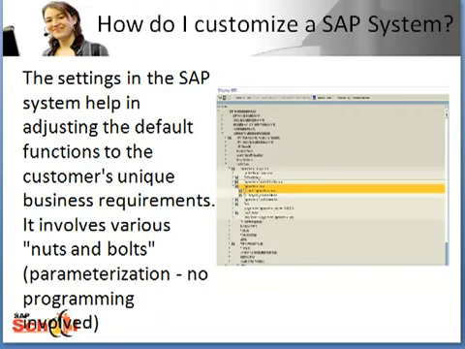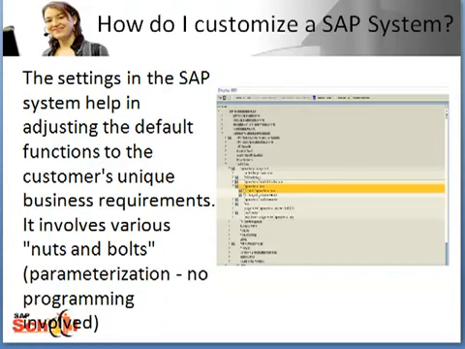There is no coding involved. You do not have to write anything in ABAP 4 or Java or any other programming language, but you need to understand the business process and make the parameterization appropriate for that. So that kind of gives you a high level overview of what CRM is all about.